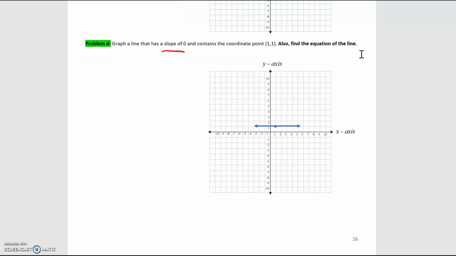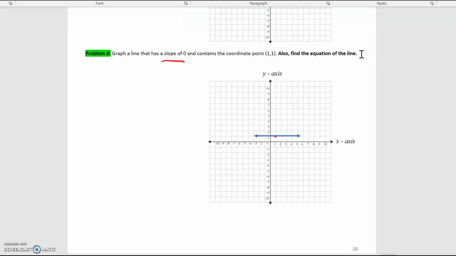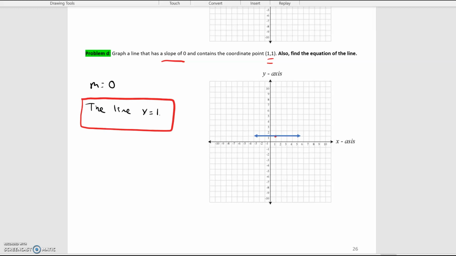They do want us to find the equation of the line. This particular line, as stated in the problem, has m equal to 0 as the slope, and because it goes through the point (1, 1) and has to be horizontal since the slope is 0, the line has to be y = 1. That's a line that has a slope of 0 and contains the coordinate point (1, 1).